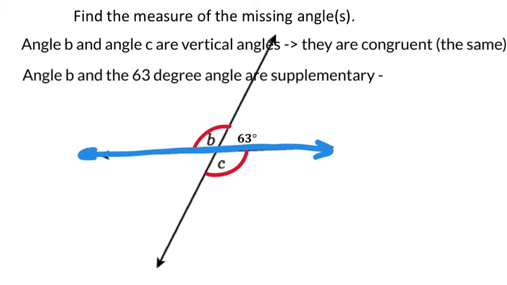Okay, so again, that means they add up to 180 degrees. Okay, well, with that information, I can solve for B. And you could say, see this line right here? C and the 63-degree angle, they're supplementary as well, which is another reason why B and C are congruent. Not that I think you care.